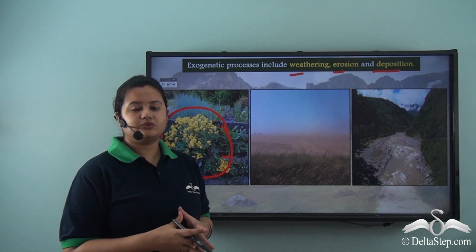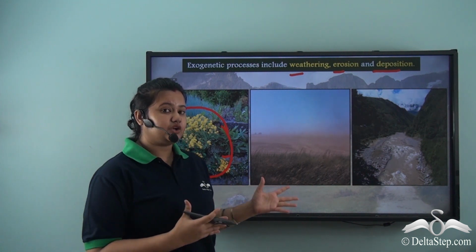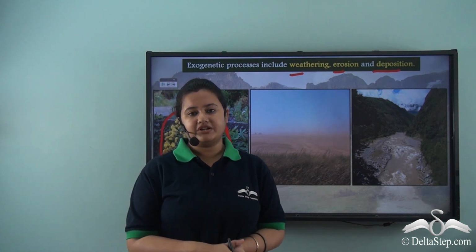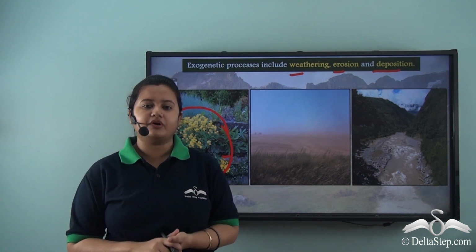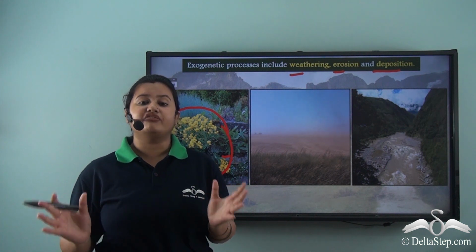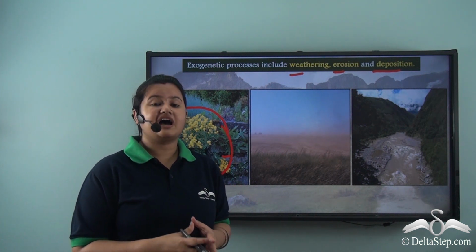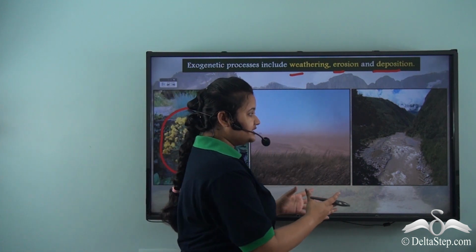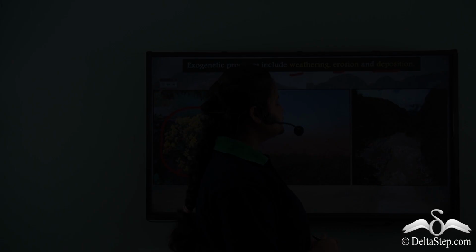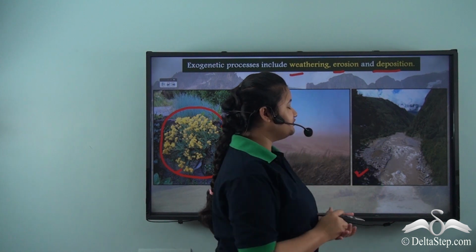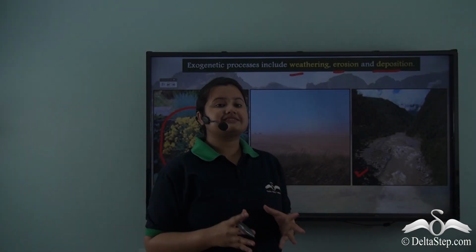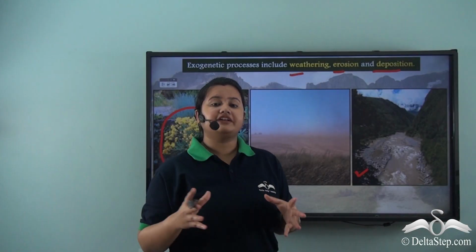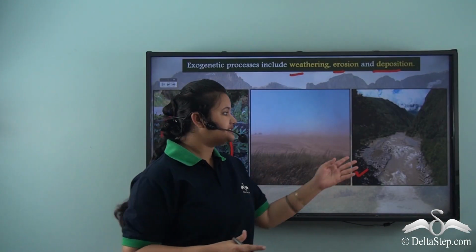Well, let me tell you that the agents of weathering and erosion are the same. Now, the eroded or the weathered materials do not vanish suddenly from the earth's surface, but they are transported elsewhere, that is, they are deposited in a different place. So here in this picture we see how a river is carrying the eroded rocks, pebbles and debris, and they are depositing the eroded materials here.